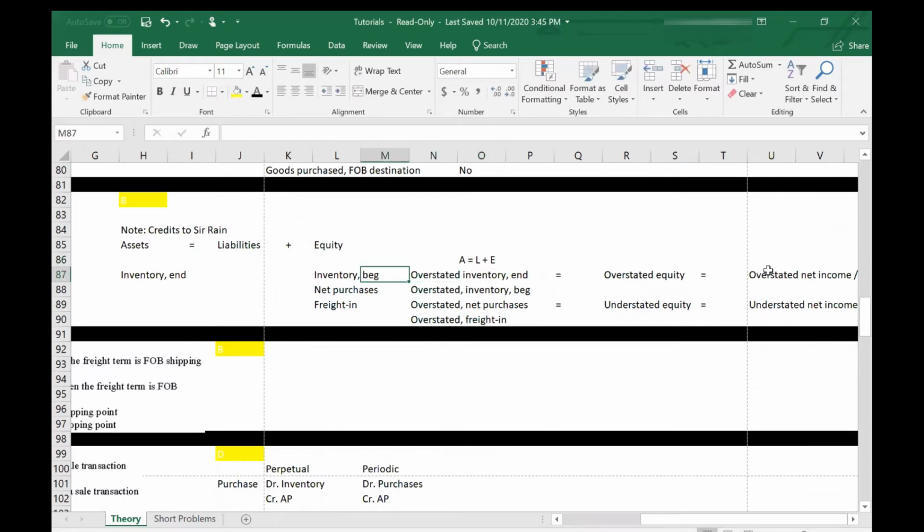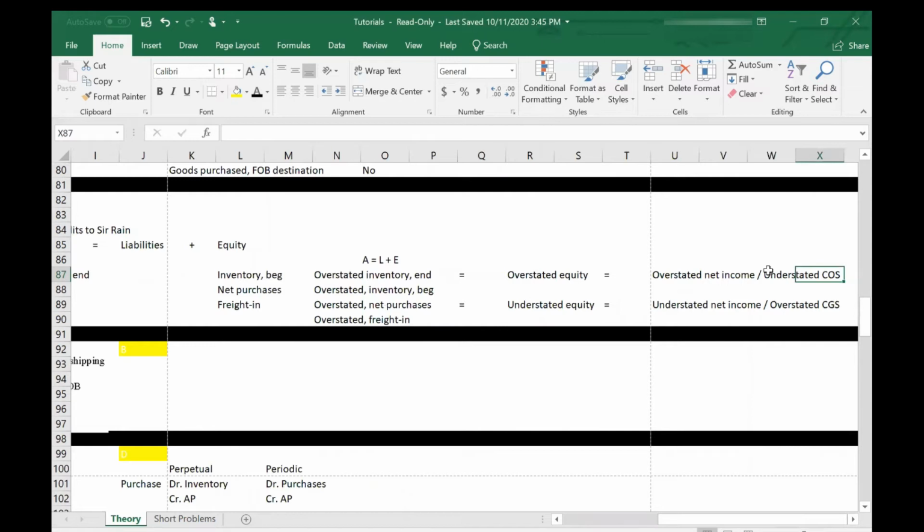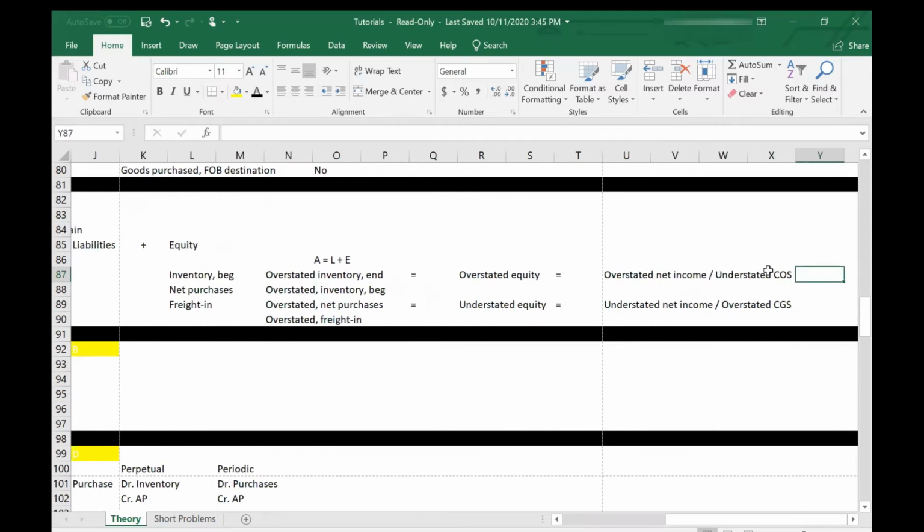If you overstate your assets and want to balance the equation, you're also overstating the equity. An overstated equity means an overstated net income or understated CGS, right?